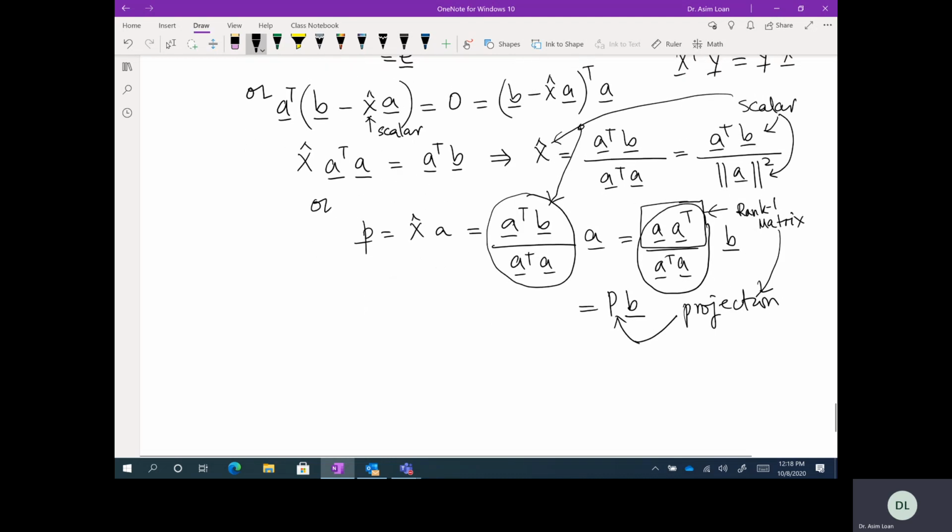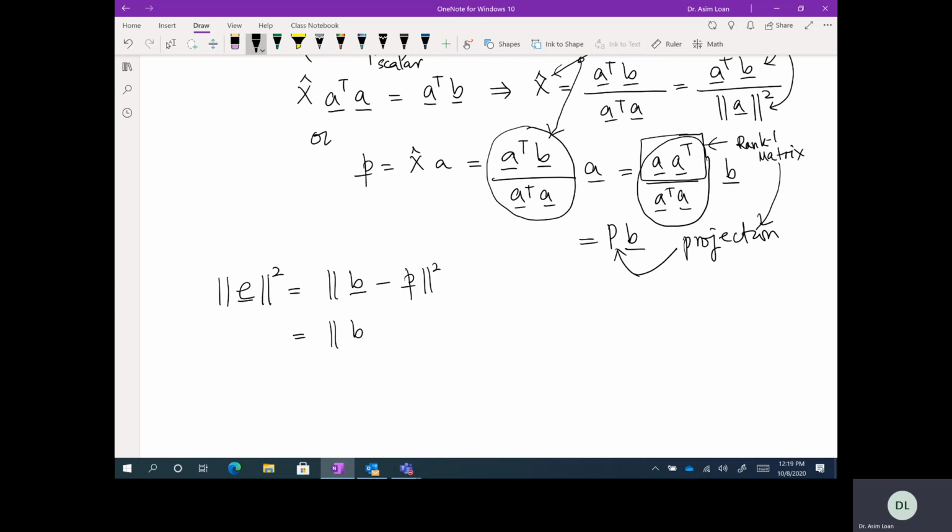Okay, so let's hold this thought for a little while, and then we'll come back to this one. But let's look at the error now. What does the error tell us? So the magnitude, the norm squared of E, is actually B minus x hat A, or B minus P, norm squared, which is equal to B minus P, where P is x hat A, so I'll write this as A transpose B over A transpose A into A, norm squared.